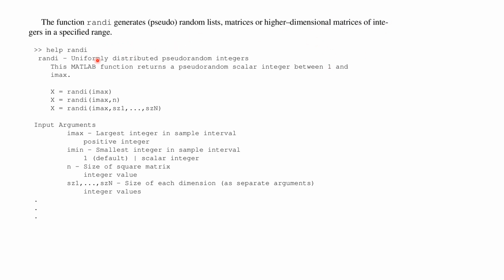You can specify the range, and randi generates integers. Have a look at the help file for that. For example, here randi lets you specify the size, a 2 by 3 matrix, and the numbers that occur there have to be between 1 and 10. Of course, we can modify the rand function to do that, and we will do that ourselves, but this is the built-in MATLAB function that does that.